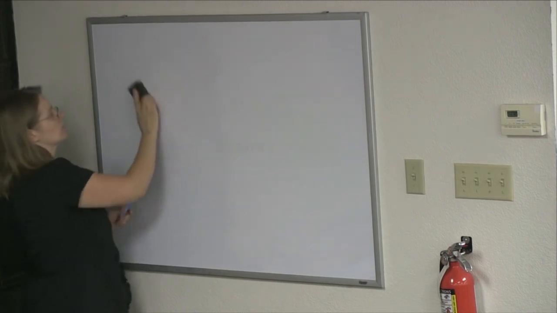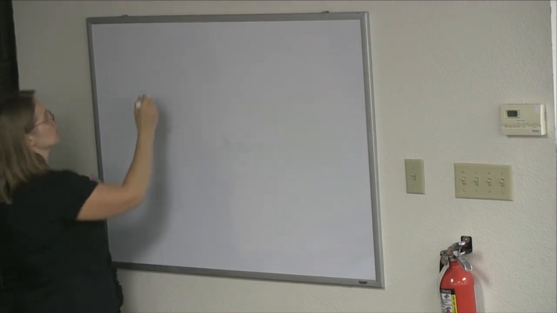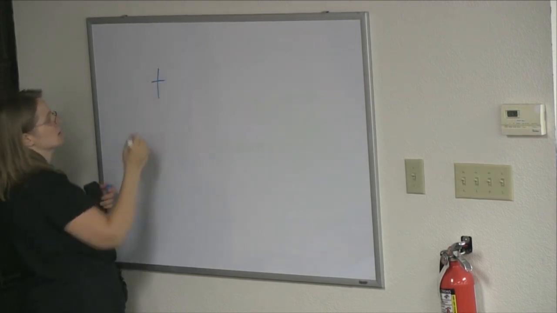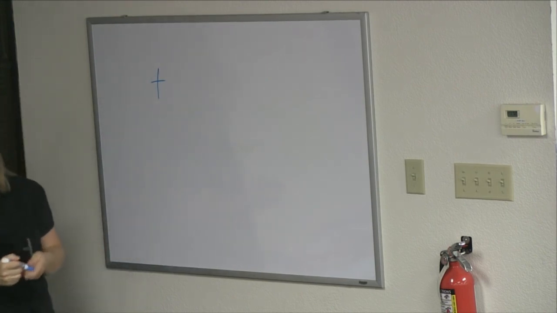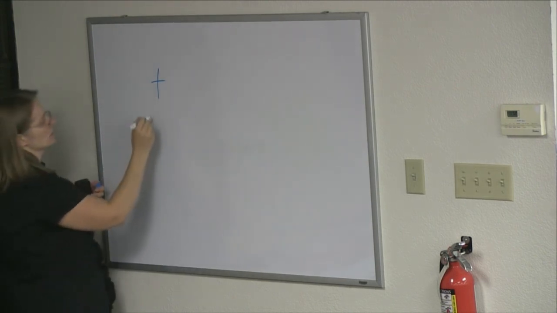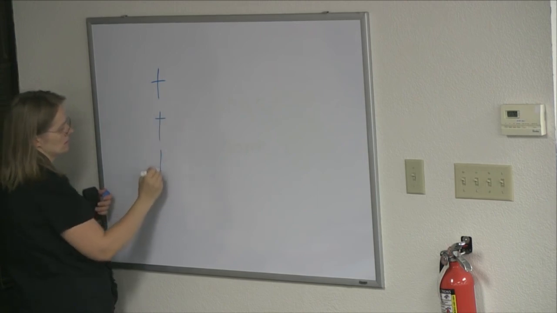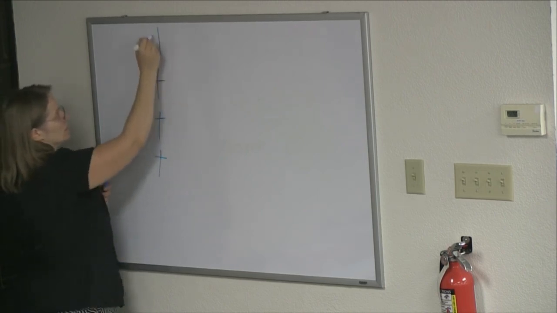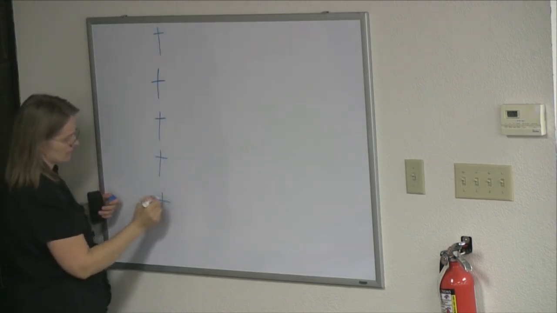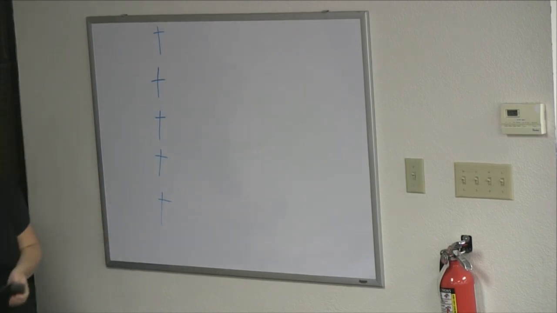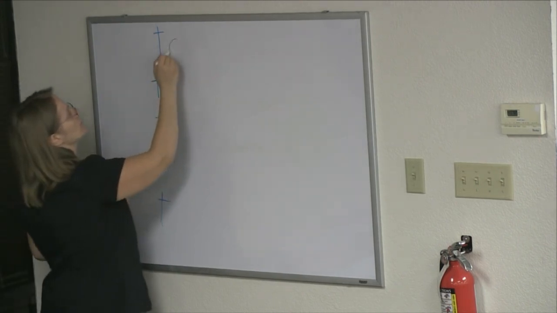Let me make that a little bit bigger. So you teach them, T says T as in table. T says T, T, T. And you just teach them that. You're going to see where I go with this in just a minute. And once they know that this is T, you now combine it with the vowels that they already learned.